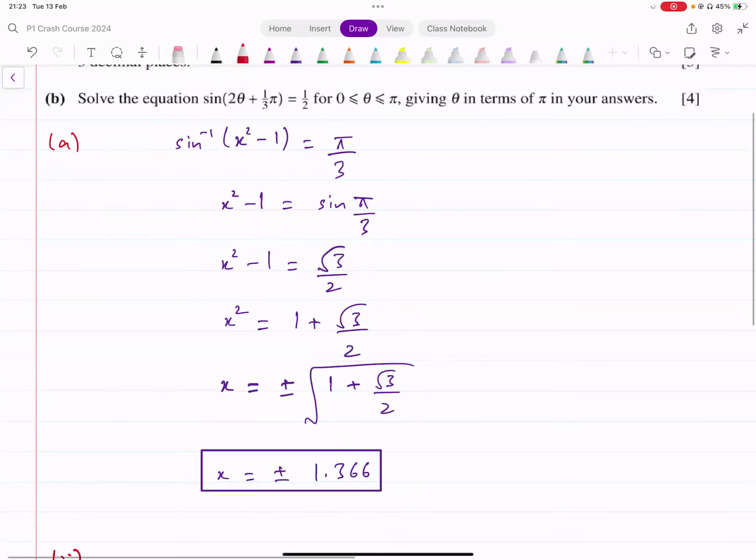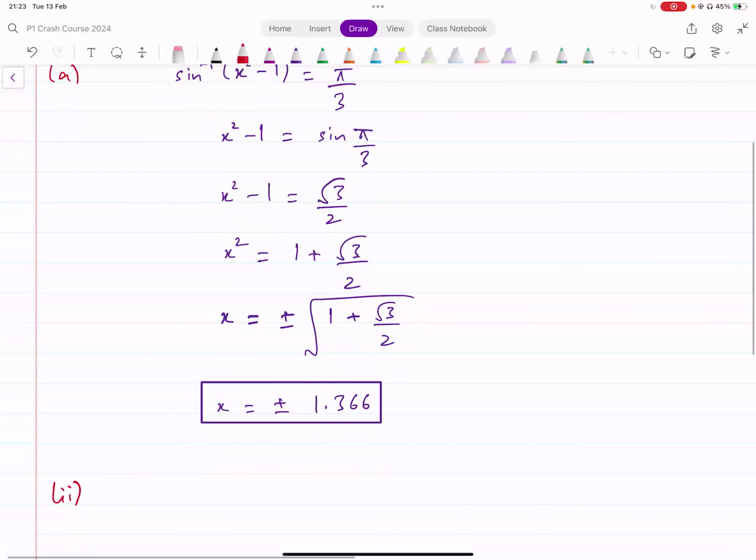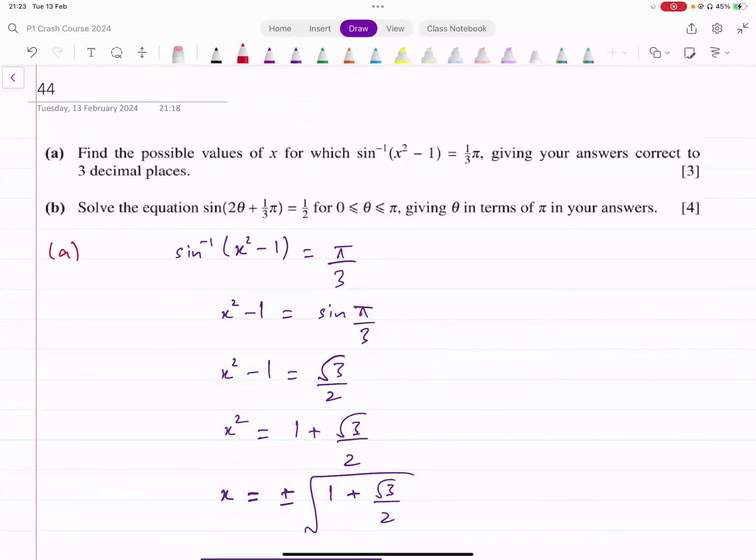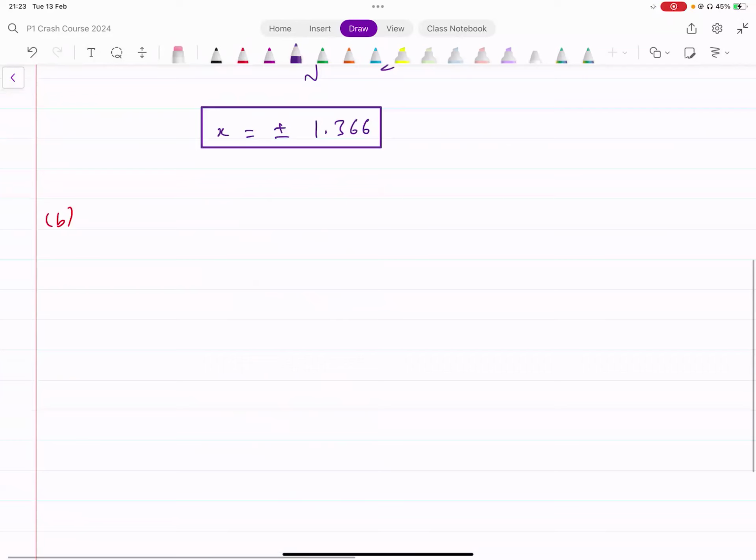Okay, now let's look at part two. Part B. Now in part B, you have to solve this equation. Sine of 2 theta plus pi over 3, that equals 1 over 2. Let me write that down here.